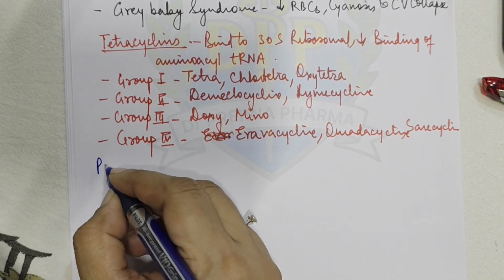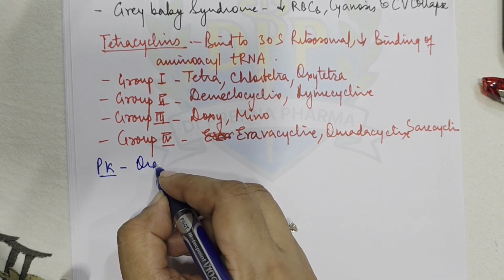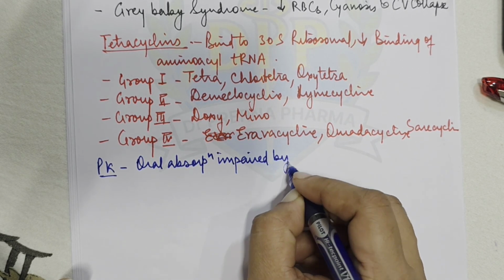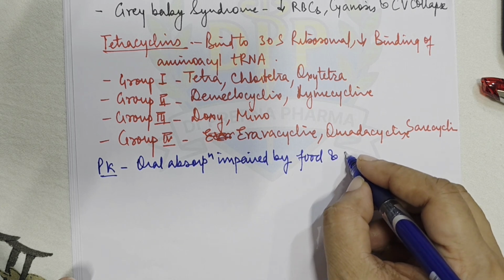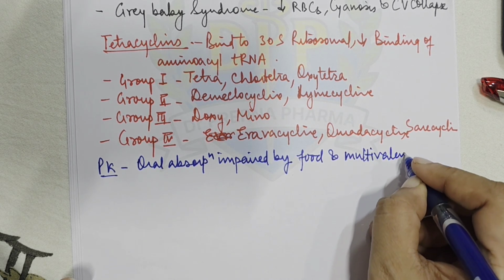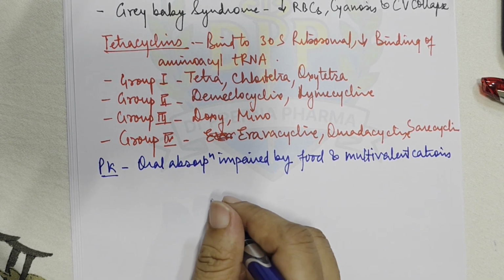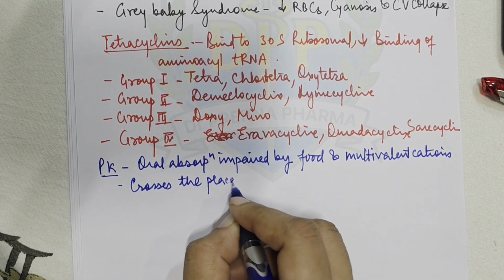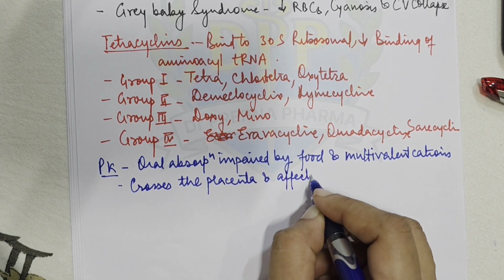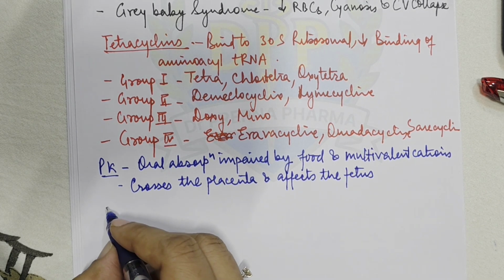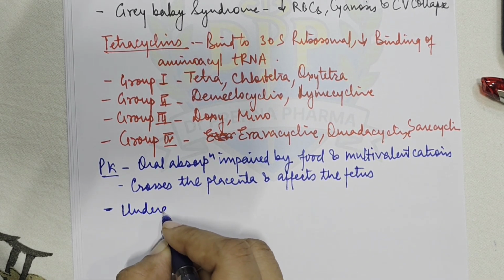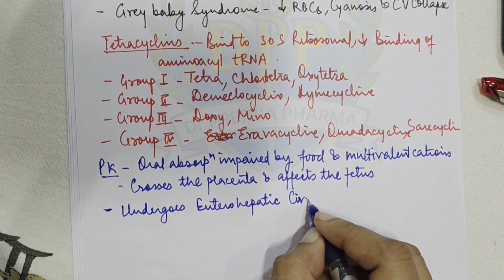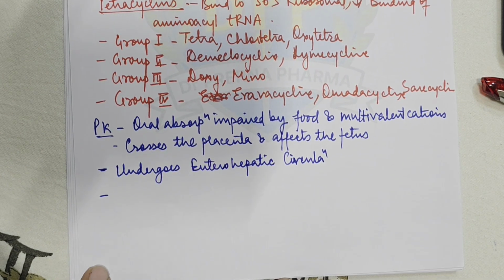Coming to the pharmacokinetics. Usually oral absorption is impaired by food and multivalent cations, right? Then tetracycline crosses the placenta and affects the fetus. Next, it undergoes enterohepatic circulation, right?